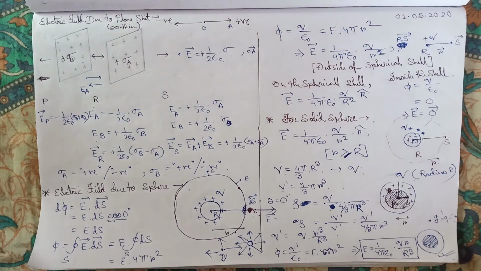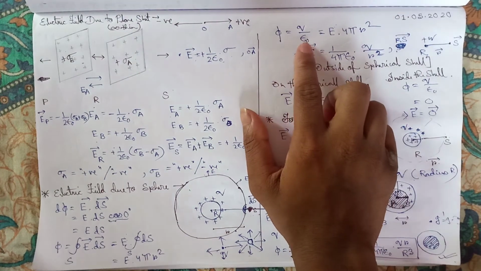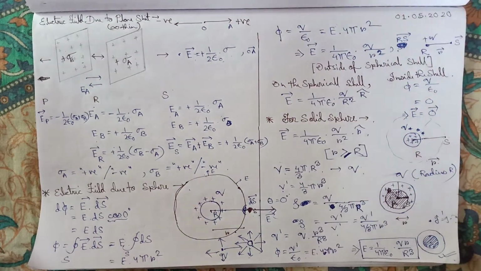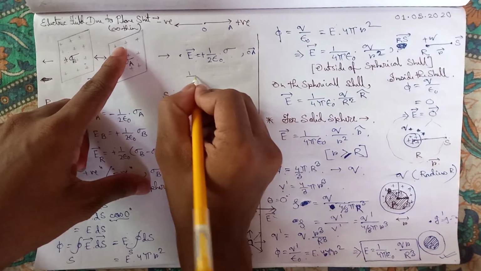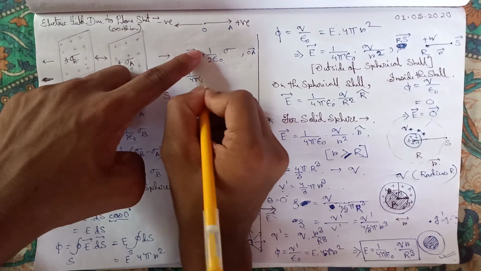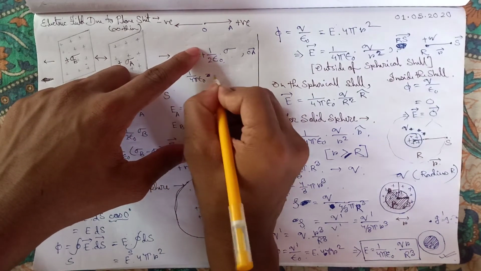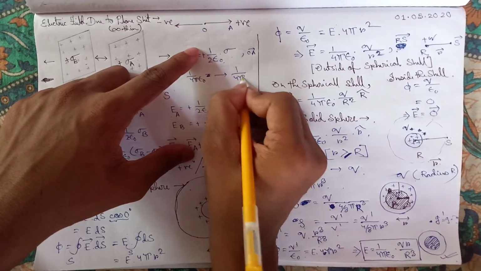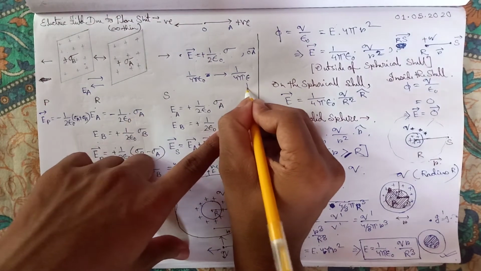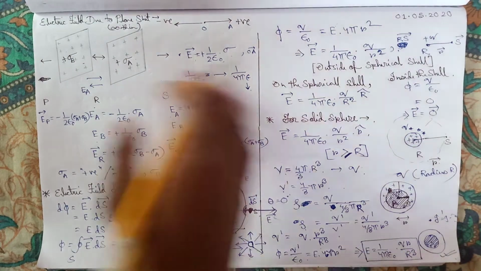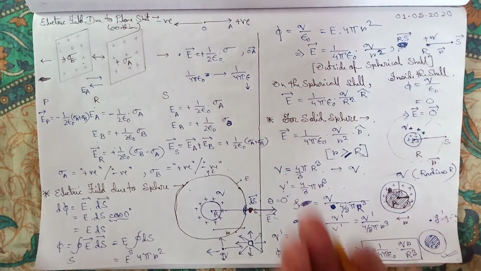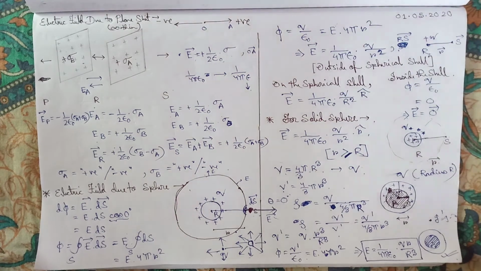If the medium has permittivity epsilon, you can just substitute epsilon naught by epsilon. So instead of 1 by 4 pi epsilon naught, you can write 1 by 4 pi epsilon, where this is the permittivity of the specific medium where you are performing this experiment to find the electric field.